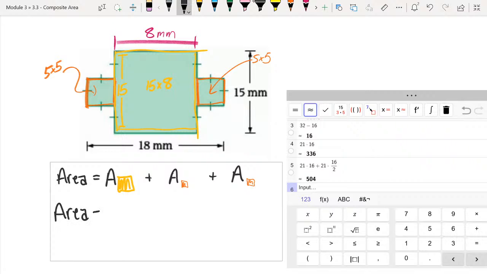And when we go to work that out, this one we said was 15 by 8. And I should put units because these are all in millimeters. So 15 millimeters times 8 millimeters. And then we said this was 5 by 5, and the other one is 5 by 5.